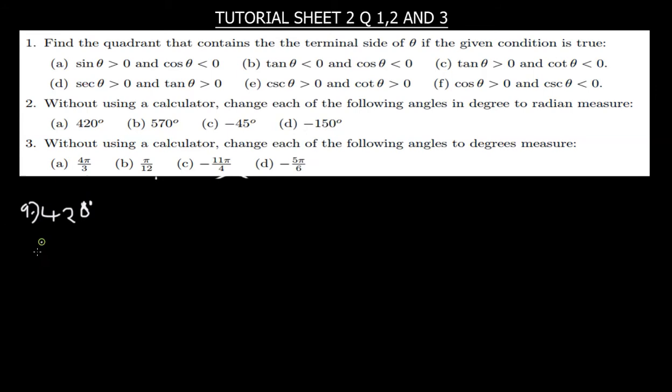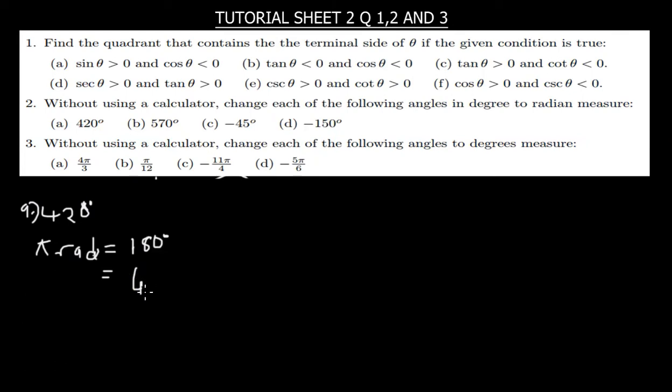So we know that pi in radians is just equal to 180 degrees. So I'll put the degrees that have been given here to the side of the degrees, which is 420.